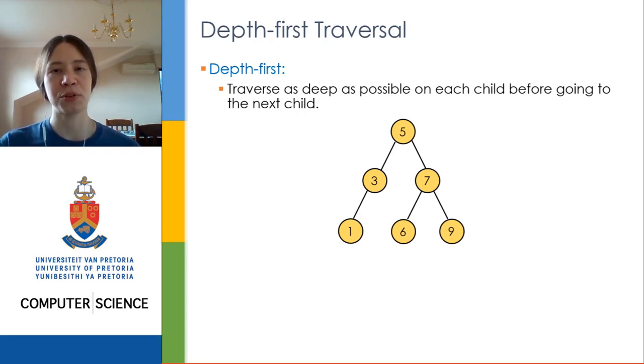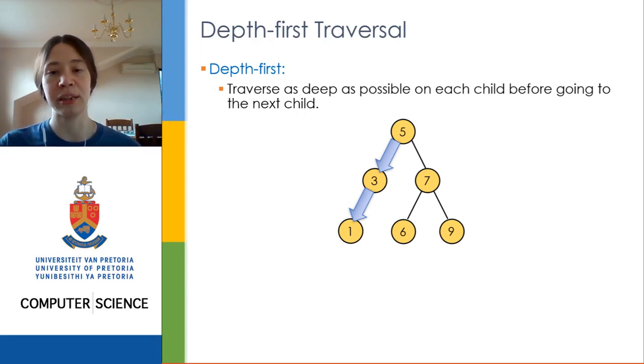So the depth-first traversals, instead of focusing on the levels, rather focus on the branches. With depth first, we want to choose a branch, left or right. Once you've chosen your branch or subtree, you want to print that entire subtree before you go to the other subtree. So for example, in this case, I want to start with the left branch, print the entire left subtree.